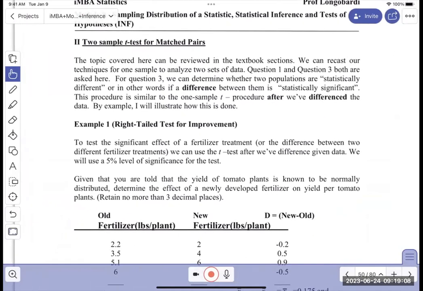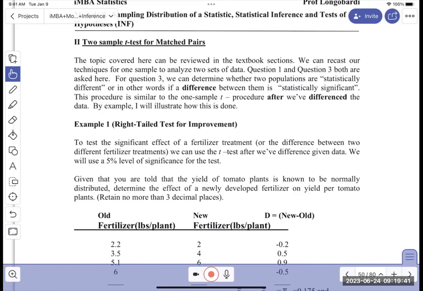Okay, so we're coming full circle and we're going to talk about matched pairs tests, and how we conduct them to test if we found that the results are different between the pair.